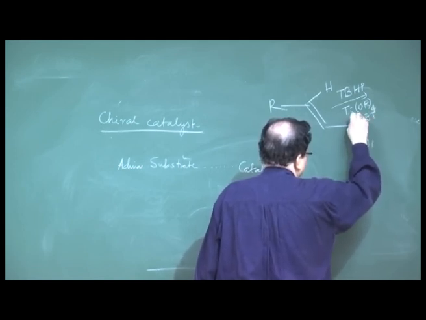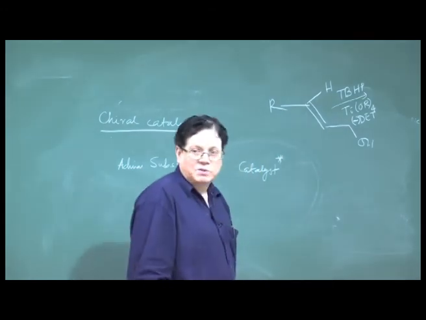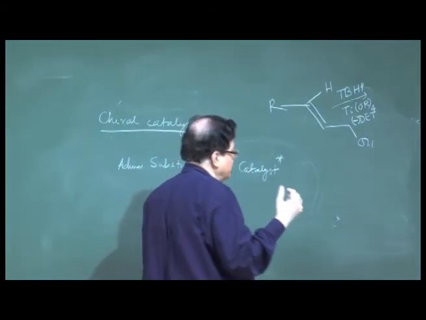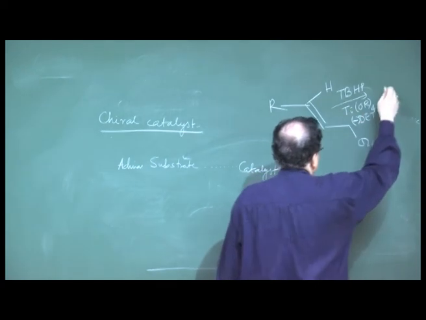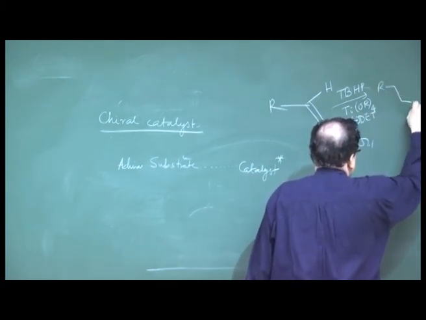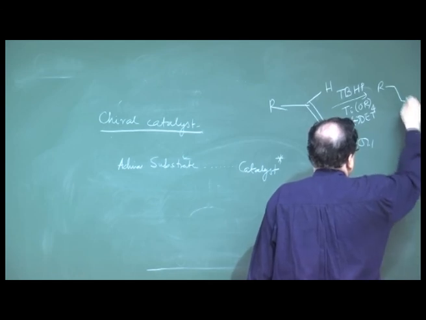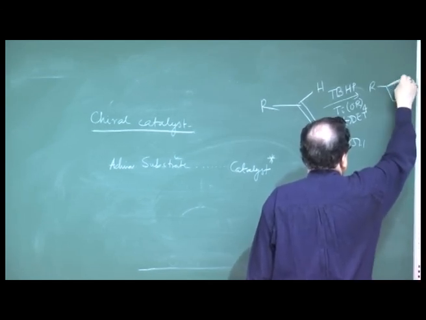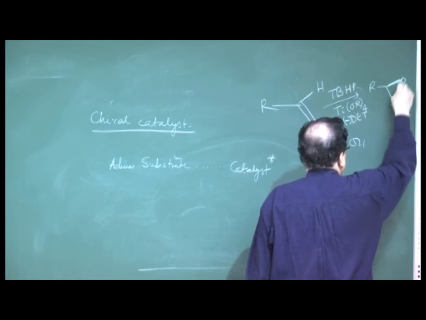This diethyl tartrate can exist in plus and minus forms, that is, optically active forms of tartaric acid. So, if you use minus diethyl tartrate, then the epoxide will come from the beta face.